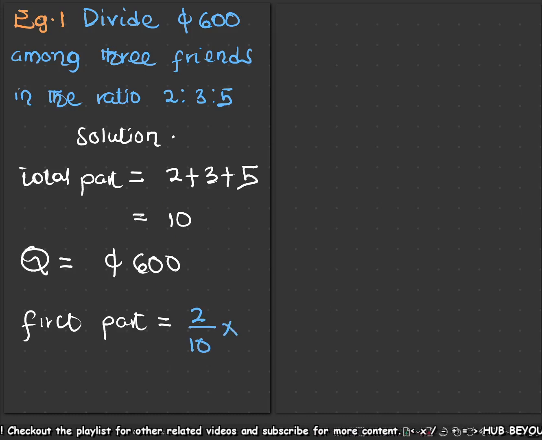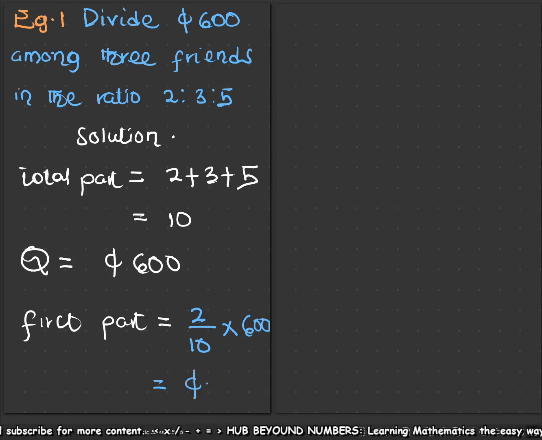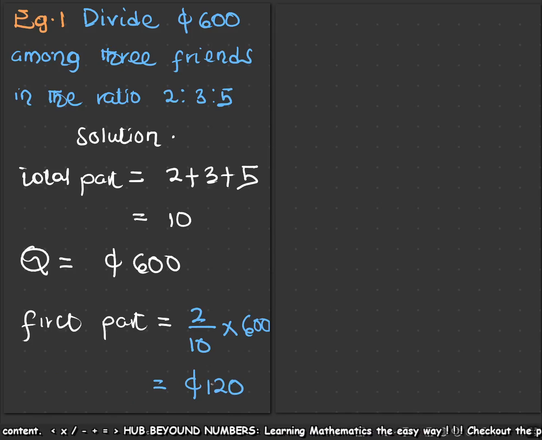Then we multiply it by our total quantity, which is 600. Applying your multiplication, you are going to get 120. So the first part is 120.